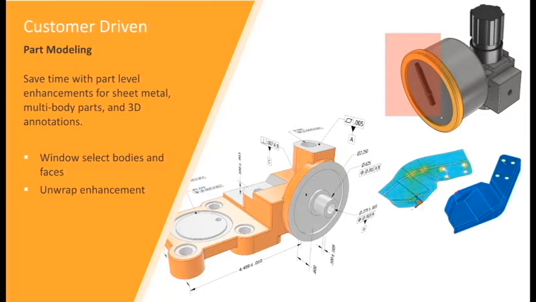Unwrap enhancements. I don't personally use the unwrap feature an awful lot, but you can take a complex curve type of part and actually flatten it out. But just keep in mind, there's no K factor or anything like that. This isn't necessarily a sheet metal part, but in the case of that view in the lower right, you can take that part and flatten it out, and you can improve on the fixed edges.